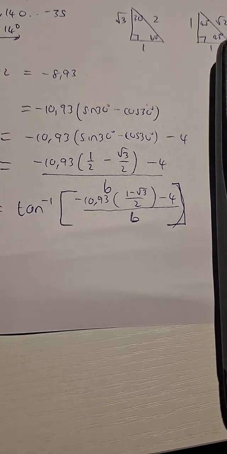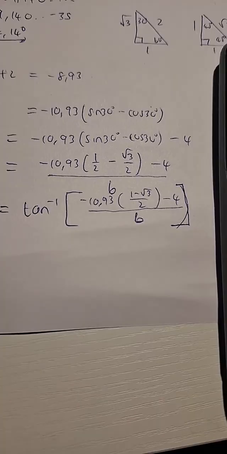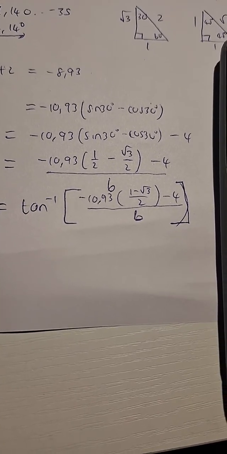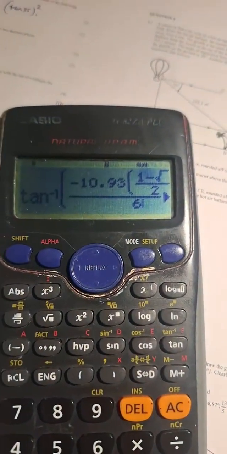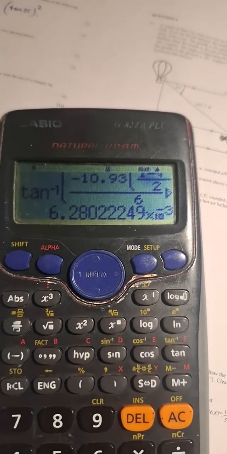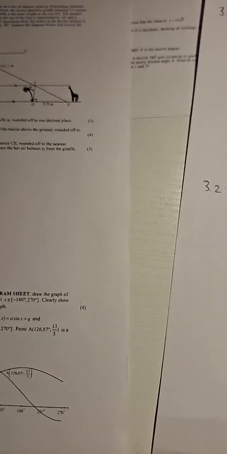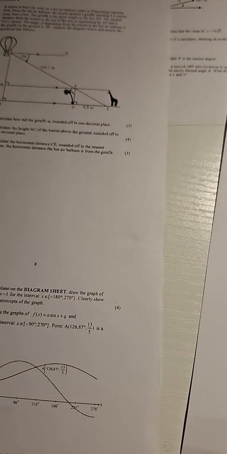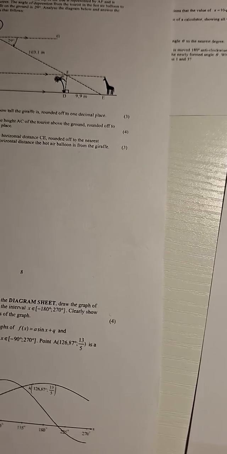Then open the bracket, have minus 4, and then down there I'm going to put my 6, and I'm going to check what the answer is that I get. Ooh, doesn't look good. Negative 10,93. All right, let's just check.